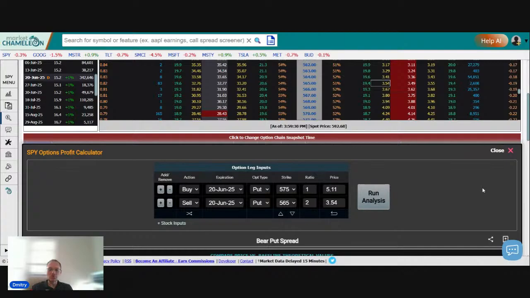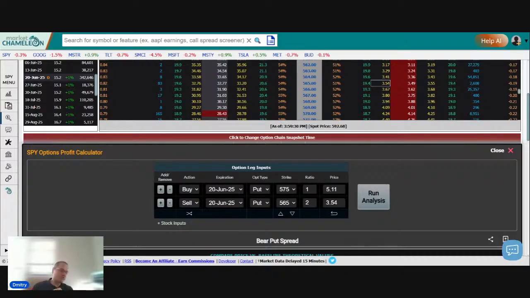The idea there is, we think that if the stock falls, it could drop, but around the 565 level, that's our estimate that it won't go any further than that. So we sold an extra put.